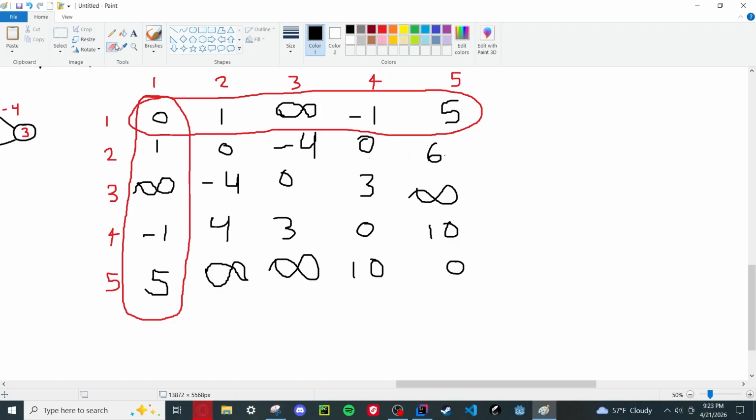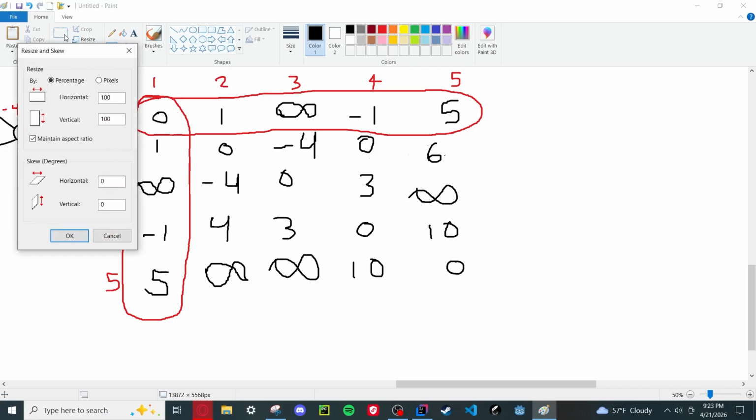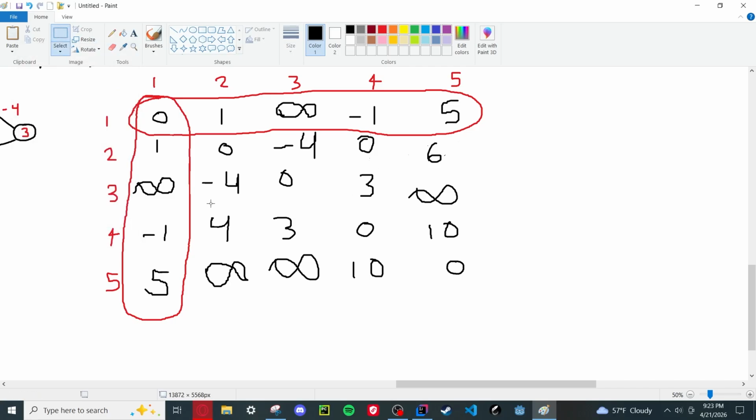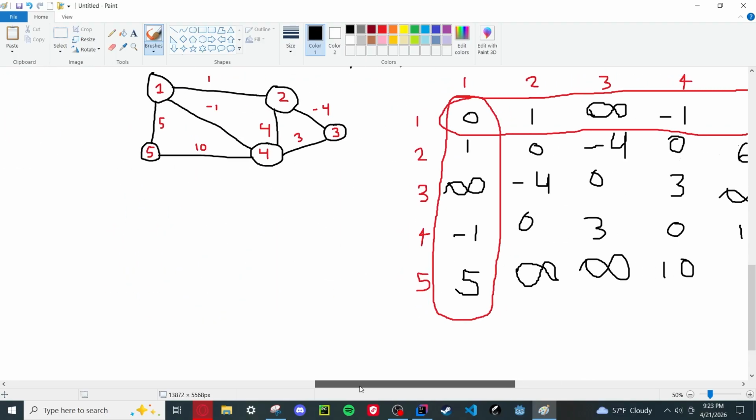It's kind of like an absorbent. This is going to become 0 again. Well, that 4 became a 0. This is going to become 0. Oh, I guess that's true because this is the same. Because this is 2, 4, and this is 4, 2, and they should be the same thing because we're doing an undirected graph.